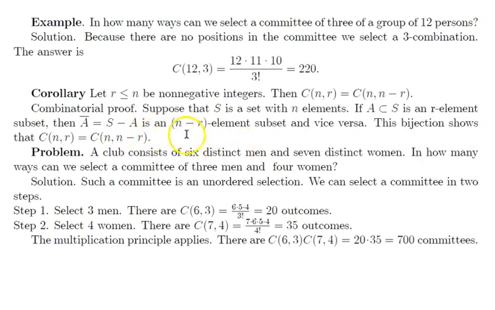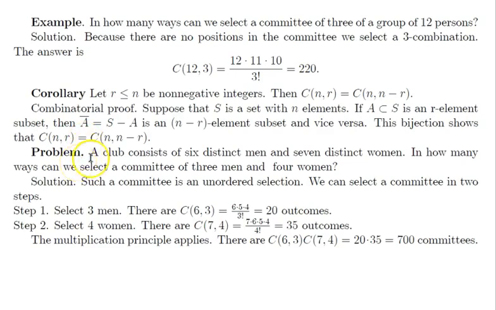So there is a bijection between the r-element subsets of S and the (n minus r)-element subsets of S. This bijection shows that the number of r-element subsets is equal to the number of (n minus r)-element subsets. That is, we have this equality.